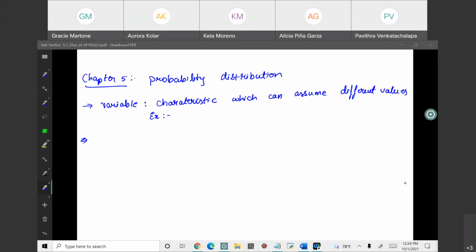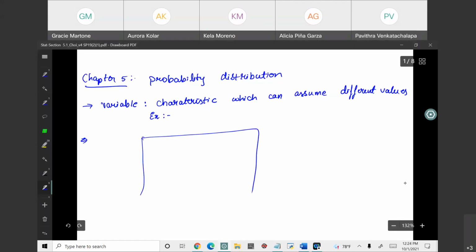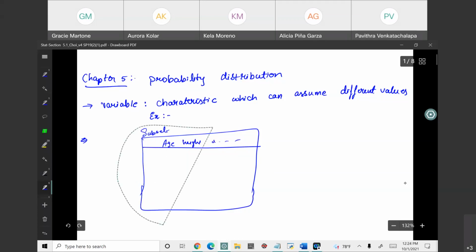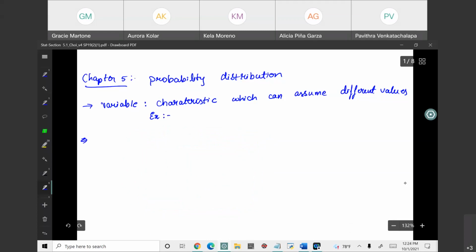You have seen in your lab slide, when you're doing your GMP, you have a column like this, and you have a big heading where it says age, height, weight, etc. Those are called variables, which have different values. Whatever is holding all those values is called a variable.